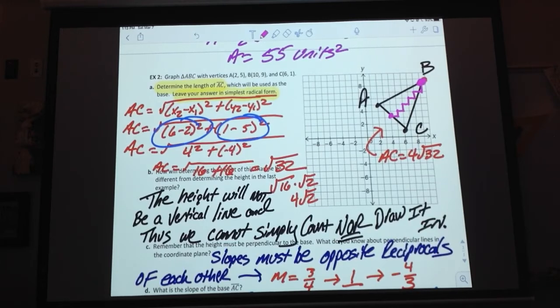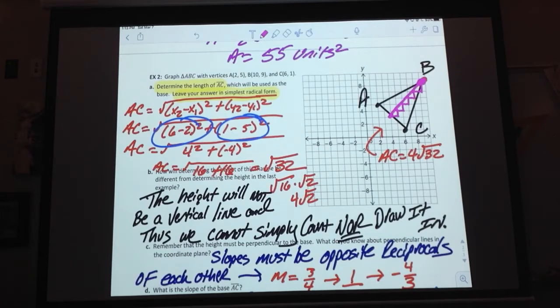If I had gone down 1 and to the right, that would have been a negative slope. I want positive slope, so down and to the left until I got there. Now I'm going to connect those dots, and that is my height. That line right there.